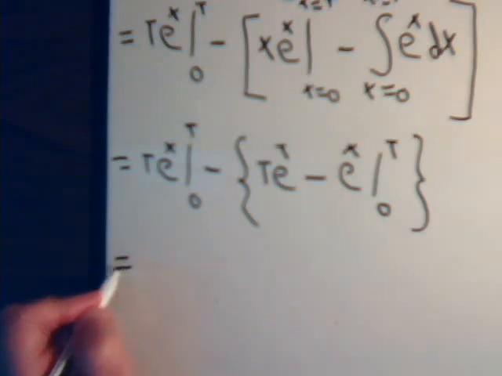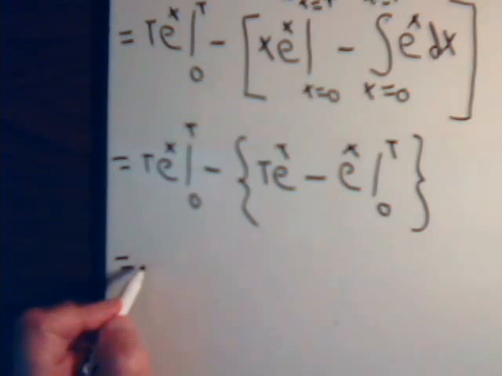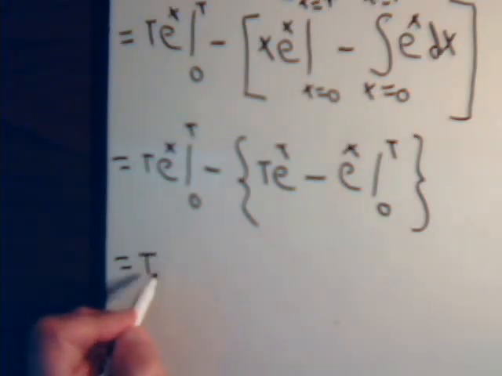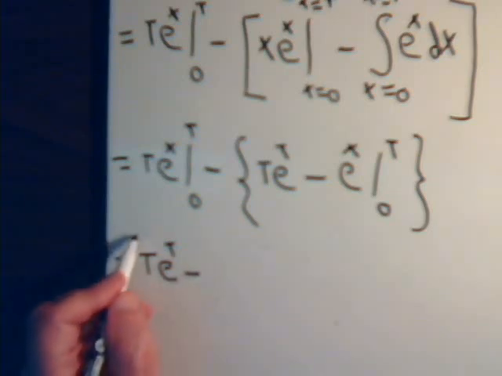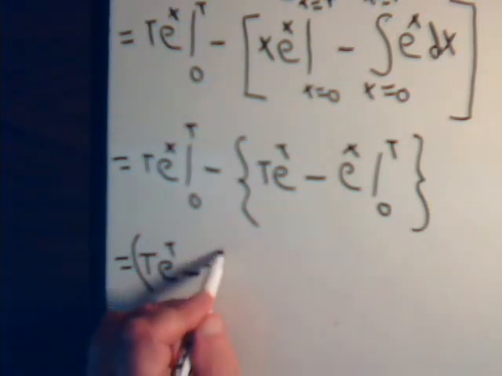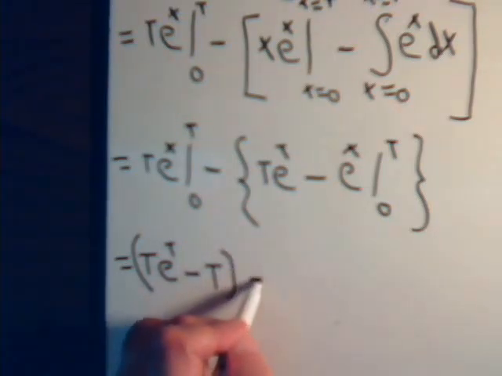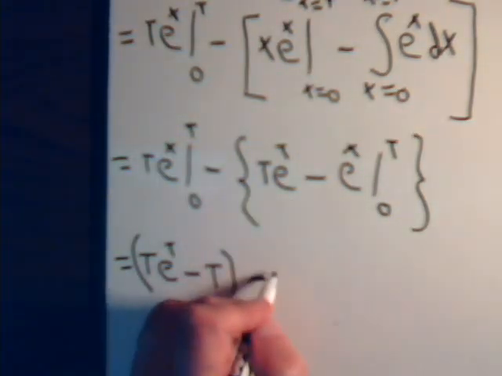So this equals, now here we have x will be t, so we have t e to the t minus, x is 0, e to the 0 is 1. We have this. Then we have minus t e to the t.